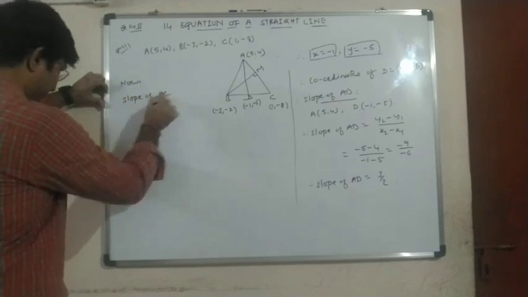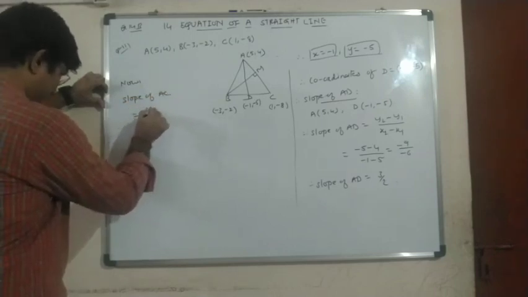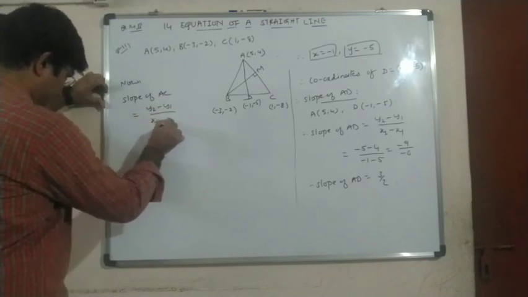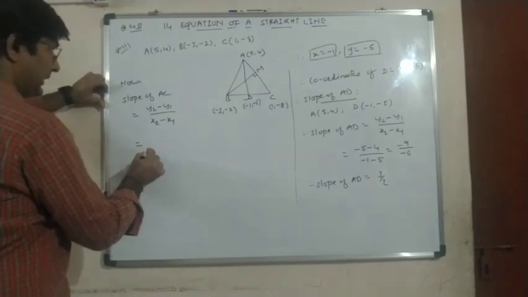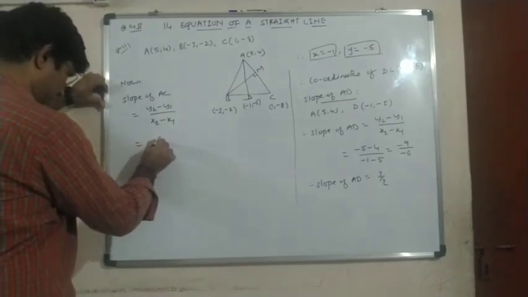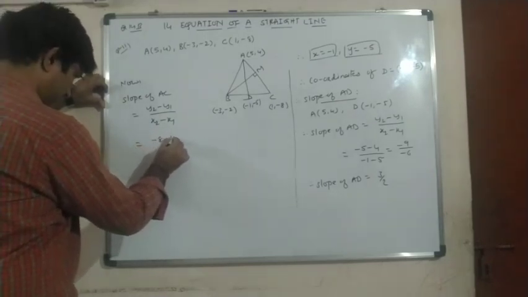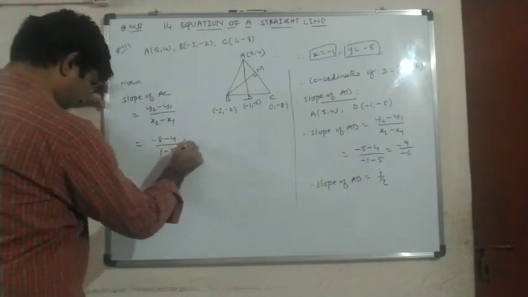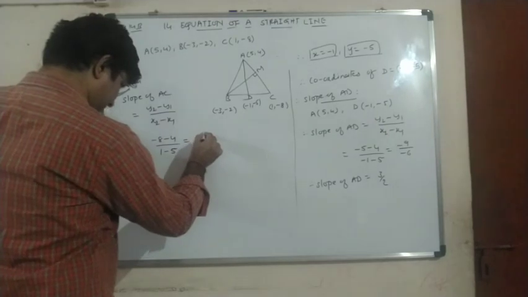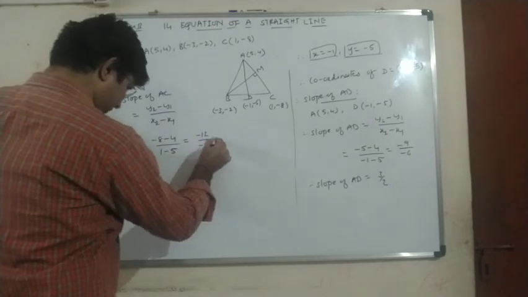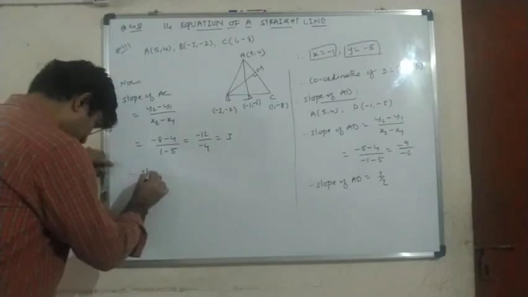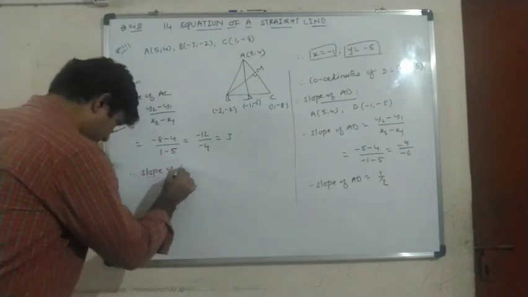Slope of AC is equal to again y2 minus y1 upon x2 minus x1, so minus 8 minus 4 upon 1 minus 5 is equal to minus 12 upon minus 4 is equal to 3. So we got the slope of AC.